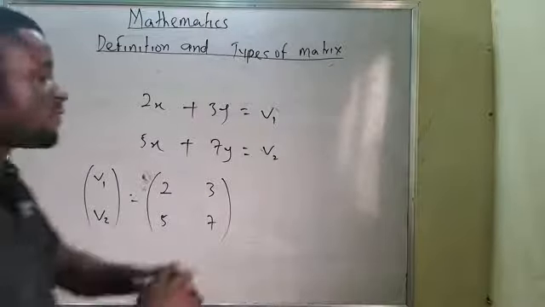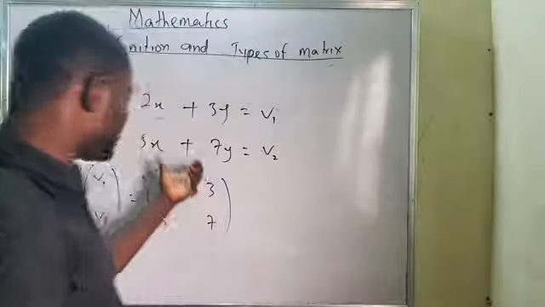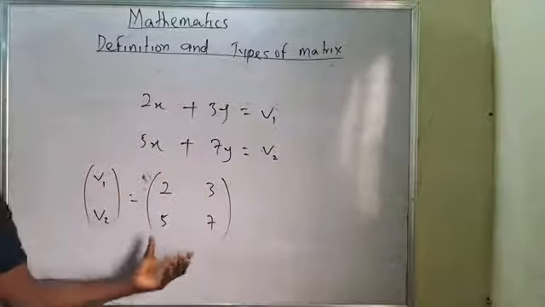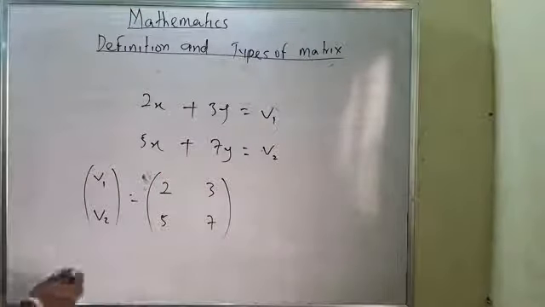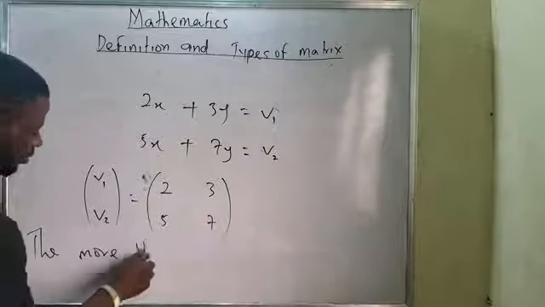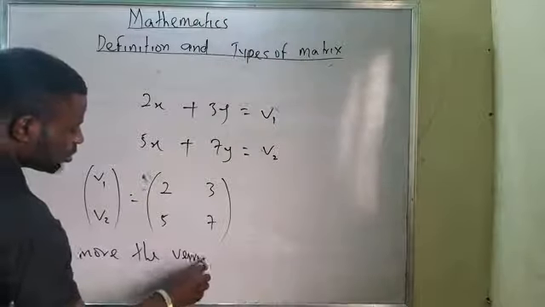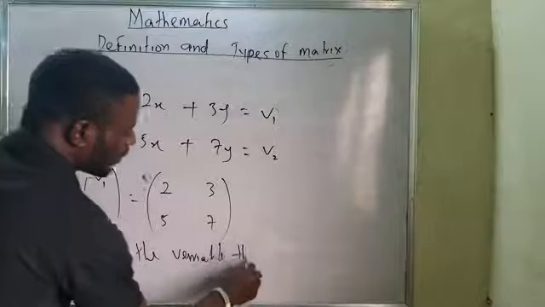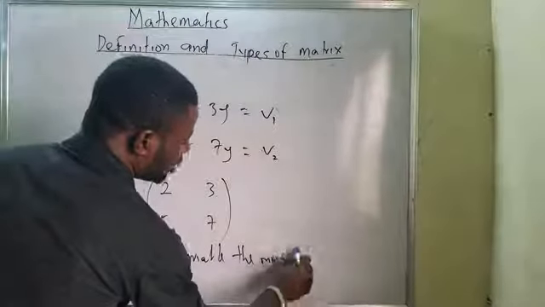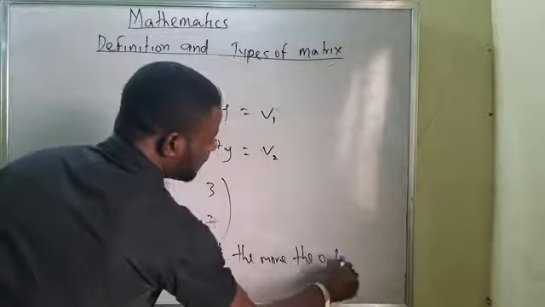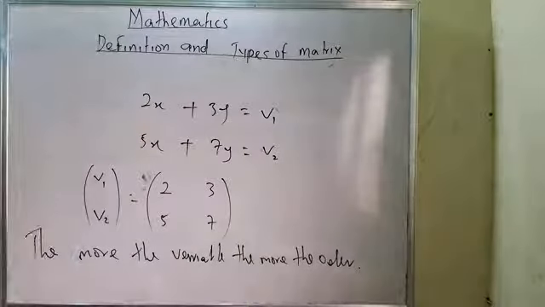Now, the more the variables, the more the order. Please note that the more the variables, the more the order. We all know what order is. I think that is very, very important.